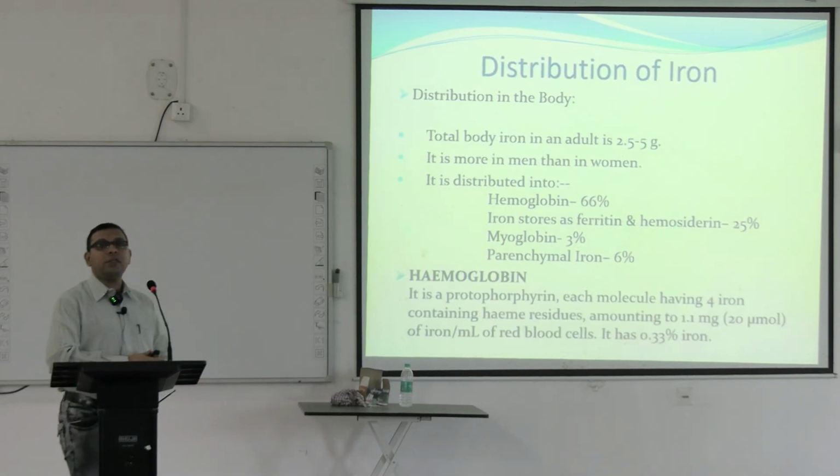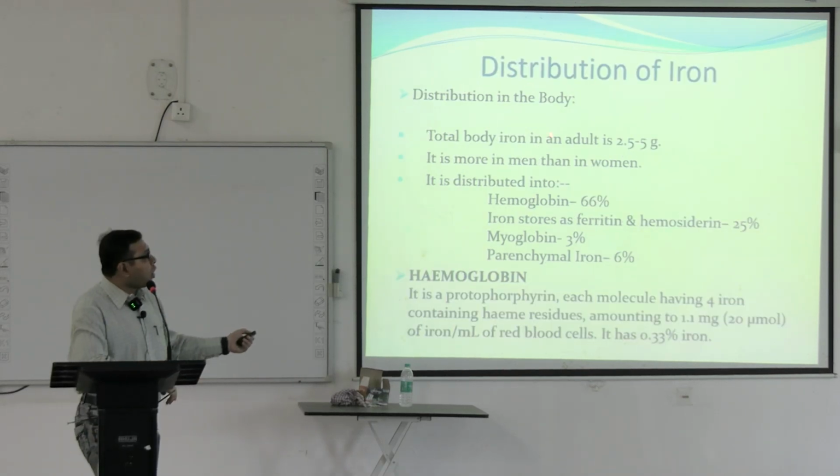Now how is the iron distributed in our body? Total body iron is approximately 2.5 to 5 gram. It is more in men than in women, and it is distributed like this: in hemoglobin 66% of iron is present. As ferritin and hemosiderin, the storage forms of iron, 25%. Myoglobin present in the muscles 3%.